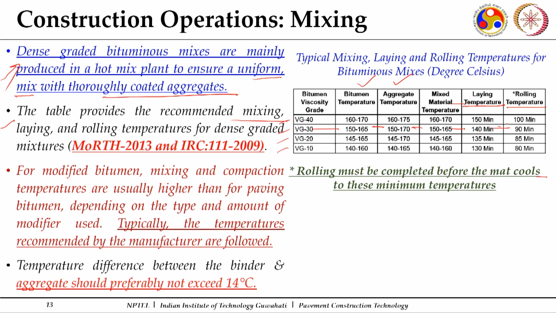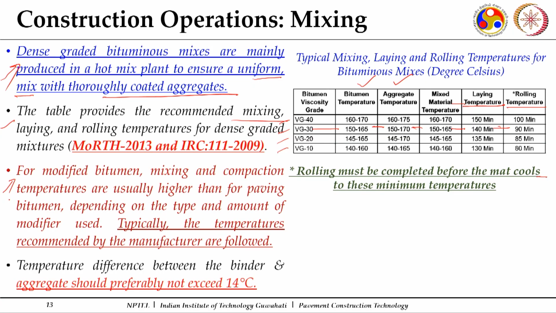And finally, you need a good number of rollers with synchronized activity, so that you can complete the rolling before the temperature goes below 90 degrees centigrade. This gives you an idea that these temperatures need to be ensured at the plant while producing the mix, and also at the field during laying as well as rolling operations.